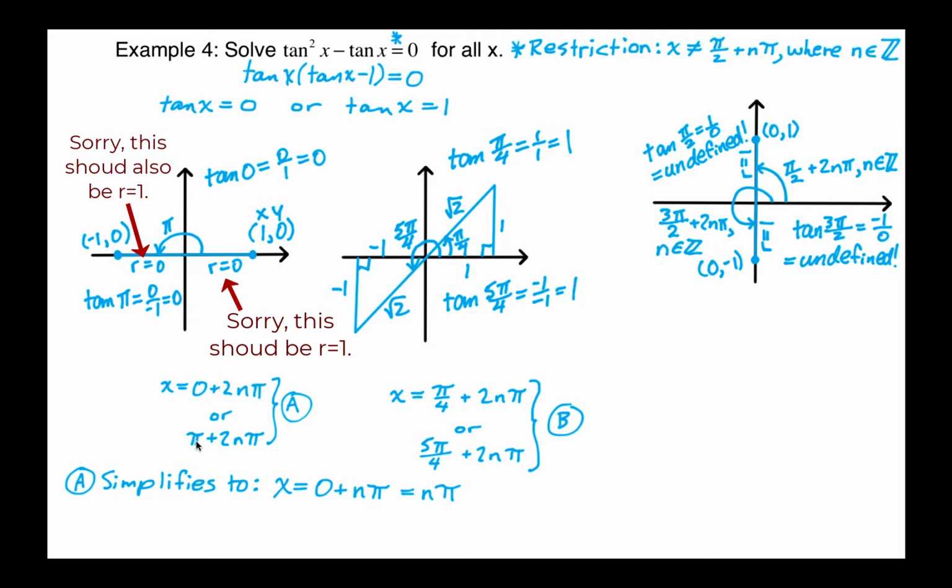This one is 1, 3 pi, 5 pi, 7 pi. And so basically you have 0 plus 1 pi, 2 pi, 3 pi. So all of the multiples of pi are our solutions.